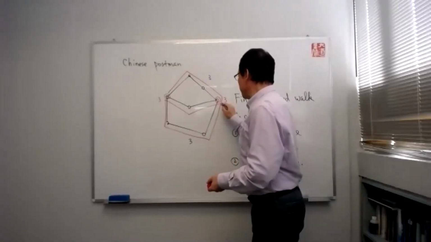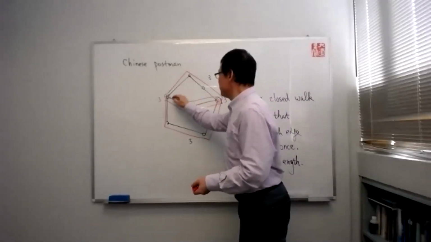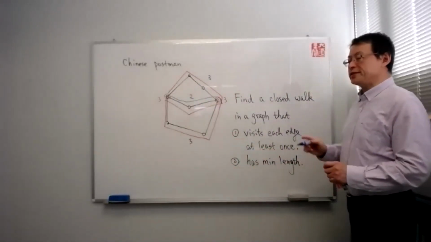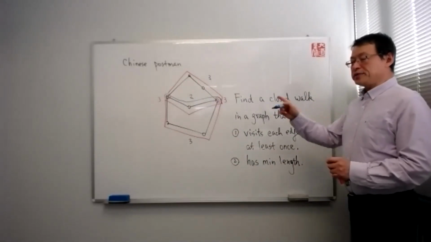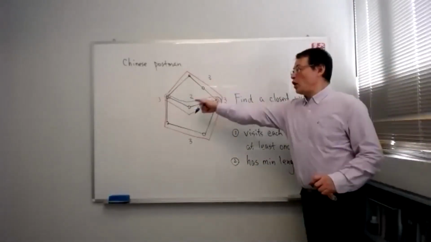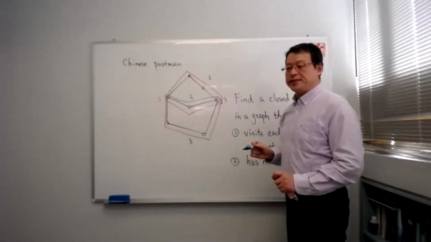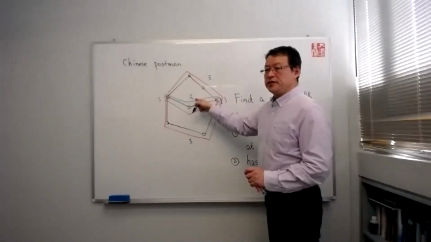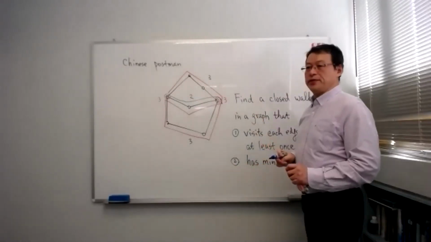If I return in this way, it only gives me two extra edges. That's the best possible. The total length of a closed walk in this case that covers each edge at least once is the total number of edges plus two. So this one is possible.